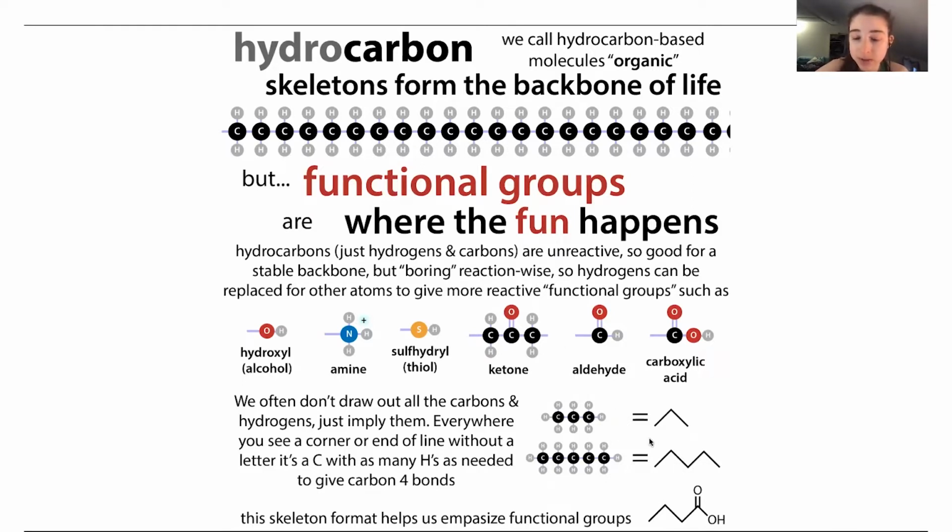Sometimes if we draw things in stick mode, every point is a carbon attached to as many hydrogens as it needs to be fulfilled. And then you can have different functional groups, where you replace hydrogen with something more reactive or exciting.